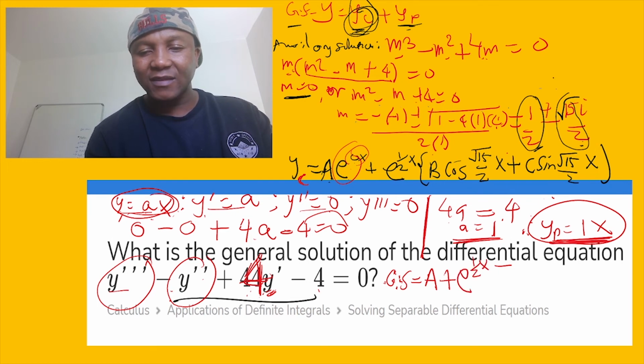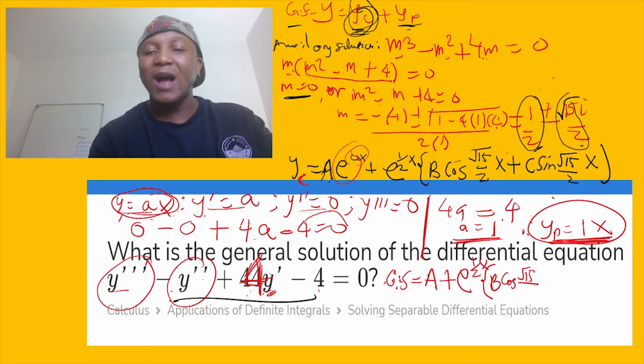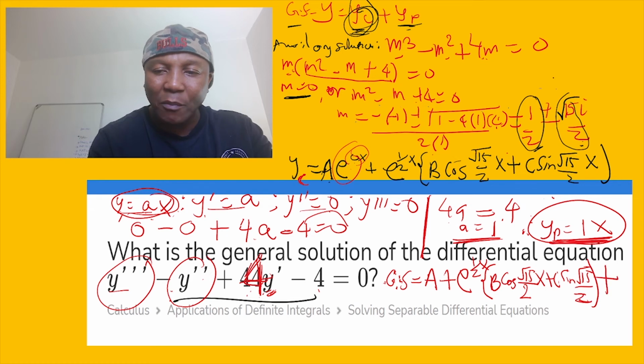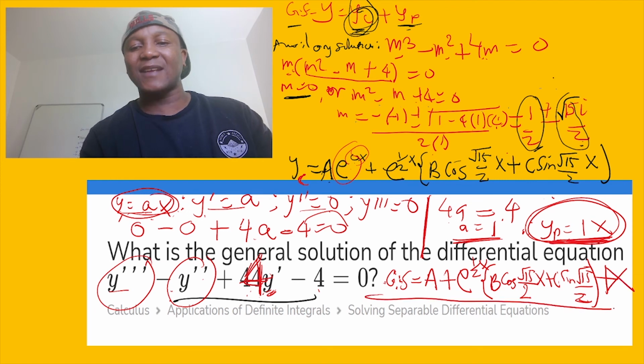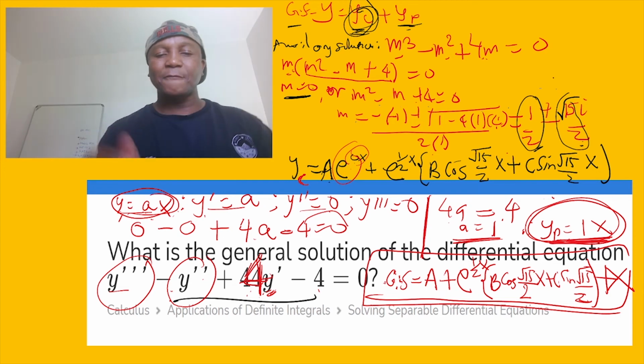Plus the auxiliary part: e to the half x, open the bracket, b cos of square root of 15 over 2 x plus c sine of square root of 15 over 2 x, all of this, and then we add the particular solution, which is 1x, simply x. So this is the general solution.